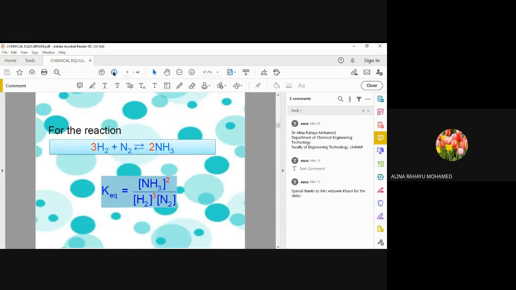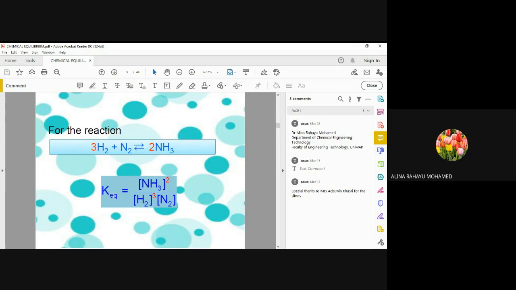Okay, let's take for example the reaction between hydrogen and nitrogen to form ammonia, NH3. So 3 moles of hydrogen react with 1 mole of nitrogen to form 2 moles of ammonia, and this reaction is in equilibrium.